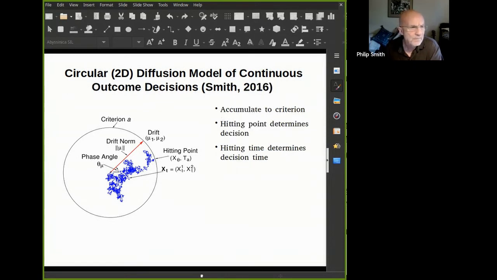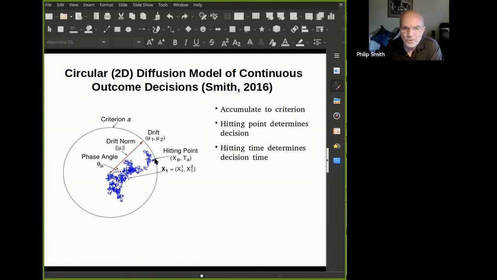Now, apart from that, the model behaves pretty much like any other familiar diffusion process model. Evidence accumulation starts at the center of the disk and then meanders about diffusively until it hits a point on the bounding circle. So this irregular blue fractal-like trajectory represents the sample path or the accumulation trajectory of the process on a single experimental trial.